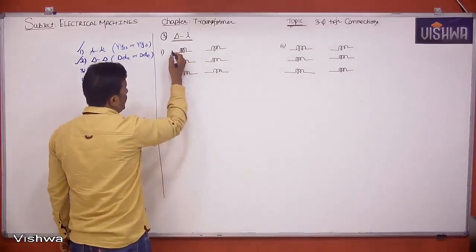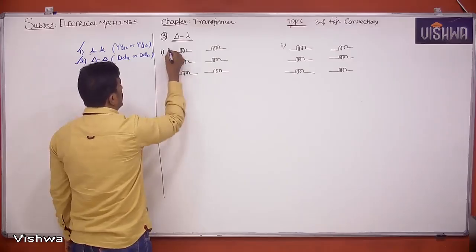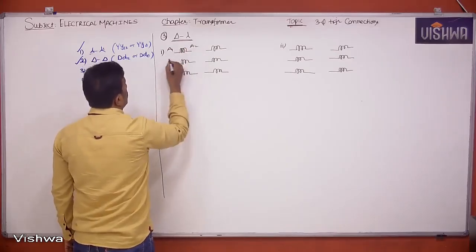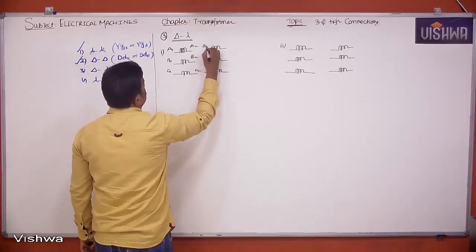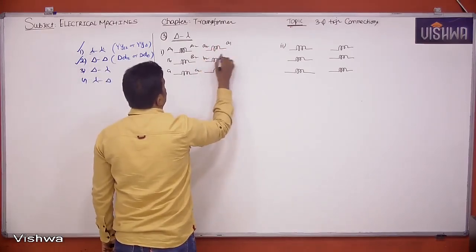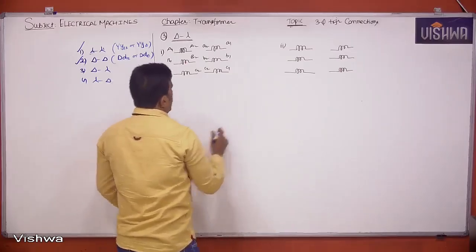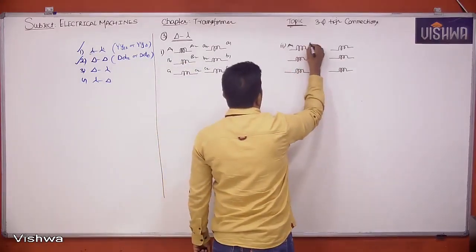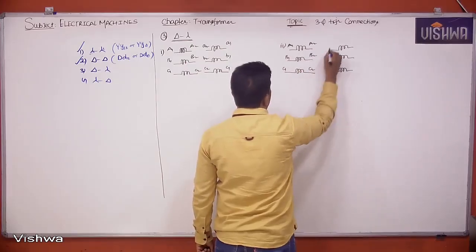Primary vectors are represented with capital letters. So I can write here A1, A2, B1, B2, C1, C2, and the secondary as small a2, small a1, B2, B1, C2, C1. Here also similarly A1, A2, B1, B2, C1, C2.